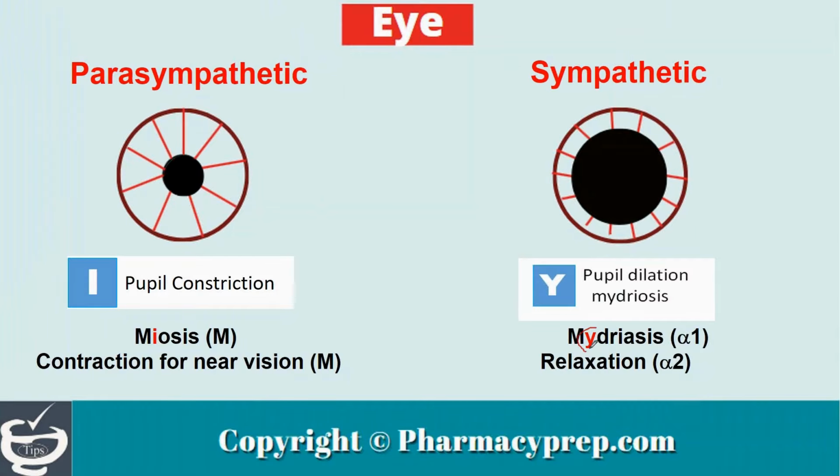So Y for yard and I for inch. Inch is smaller than yard, and yard is bigger than inch, so pupil constriction is parasympathetic miosis, whereas mydriasis is pupil dilation. And next, it also causes relaxation by the alpha 2.